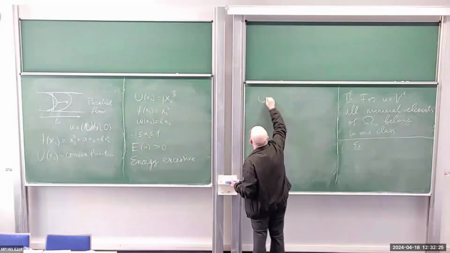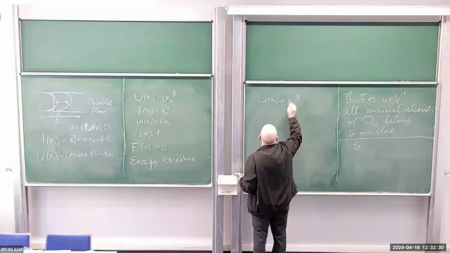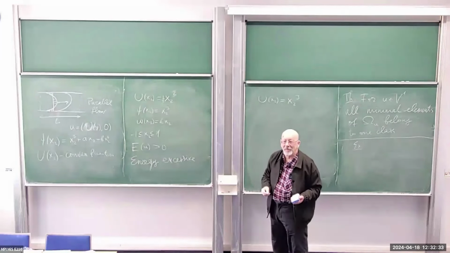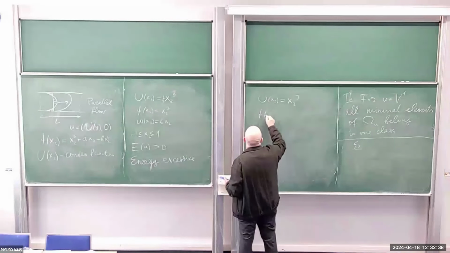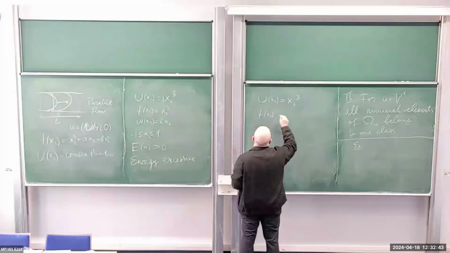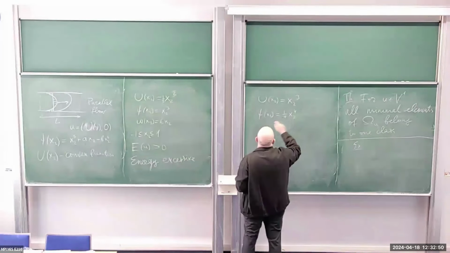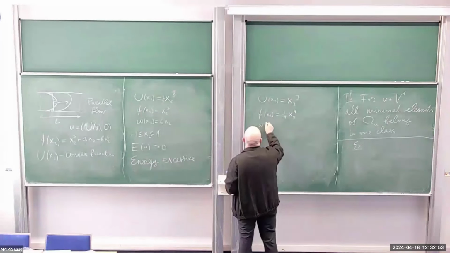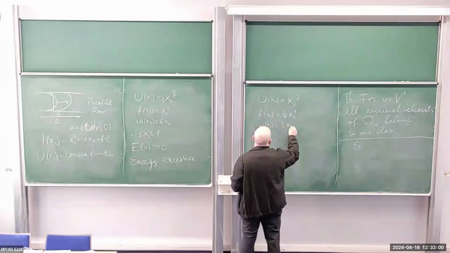If you take, say, x³, then psi of x equals 1/4 x⁴, and omega of x equals 3x².